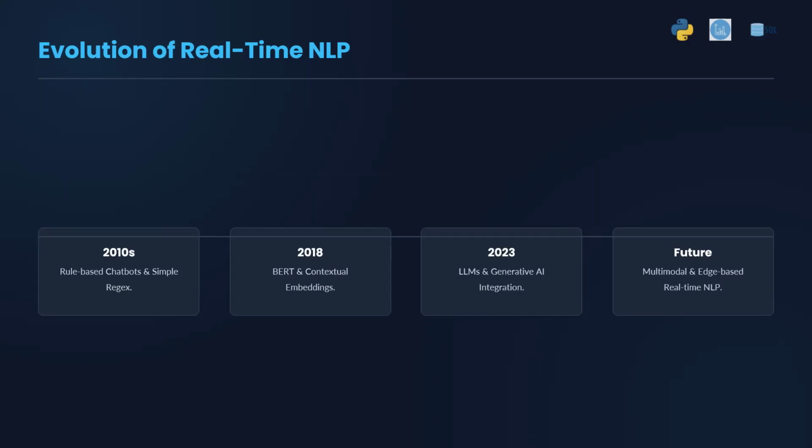From 2018 onwards, we got very advanced NLP models like BERT and contextual embeddings, and in 2023 onwards, we got very advanced models, LLMs, and generative AI integration. And now the market is moving towards multi-modal and edge-based real-time natural language processing.